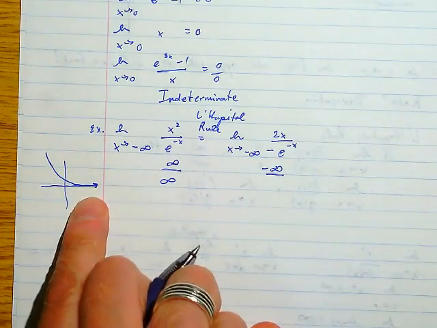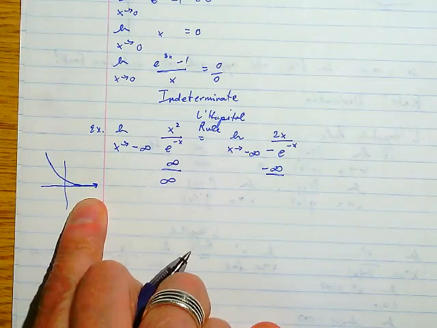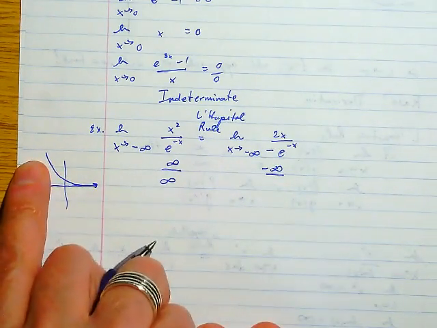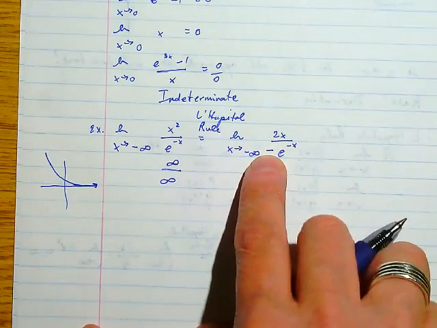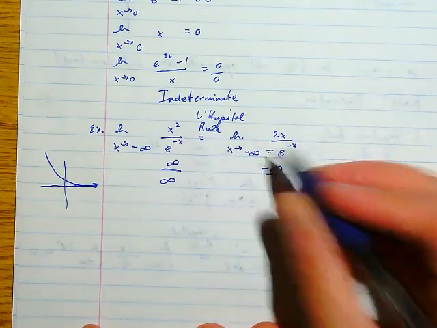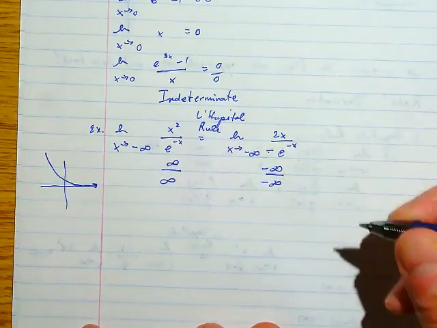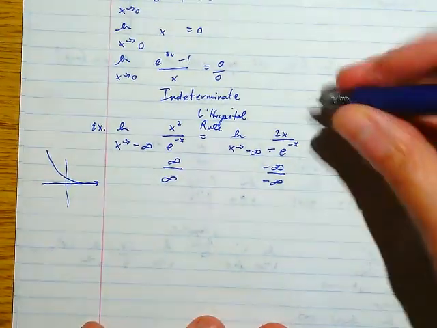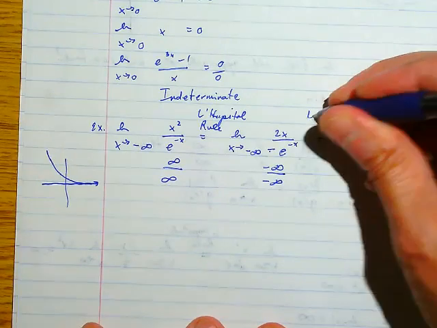As x approaches negative infinity, that's going to be positive infinity if it were without that negative sign, but with that negative sign, it makes it negative infinity. So negative infinity over infinity, yep, that's the same. So it's indeterminate. I'm going to apply L'Hopital's rule one more time.